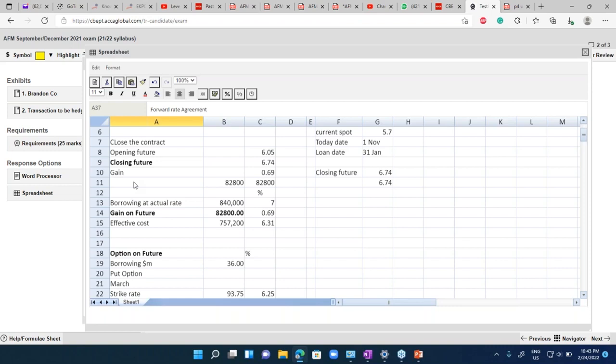But you will also write in the exam that we should also consider the option contract, because some media outlets are speculating that interest rates will come down. If interest rate comes down, we will lapse the option and take the loan at the market rate. So in option, we have the option to enjoy the market movement.